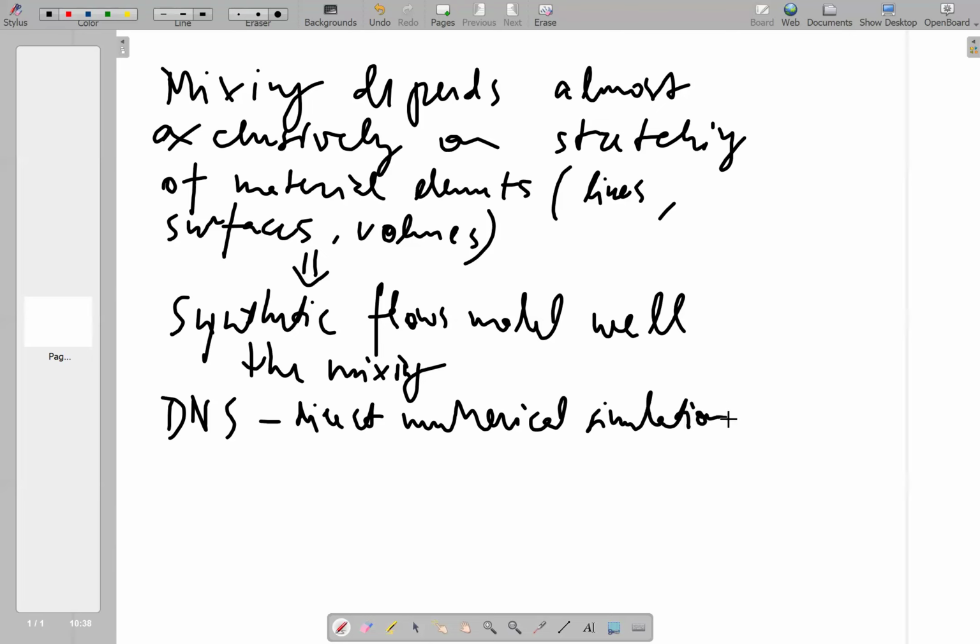These are almost like real flows. But DNS are computer-time consuming, because if you want to do hydrodynamic simulations, you need to do it in 3 dimensions.